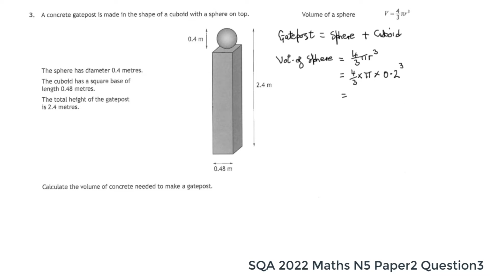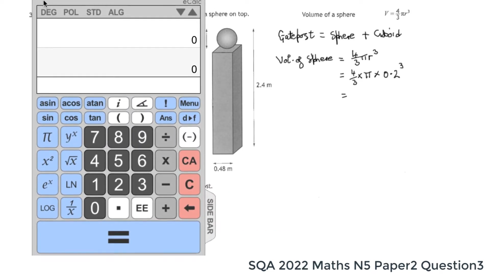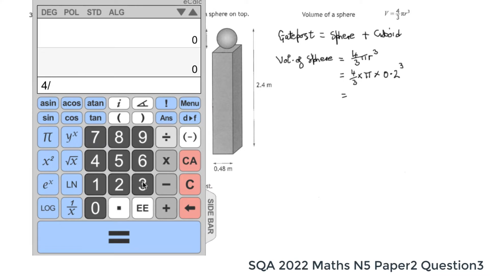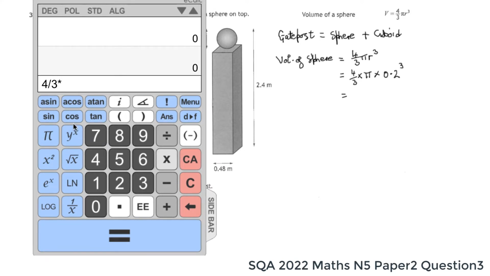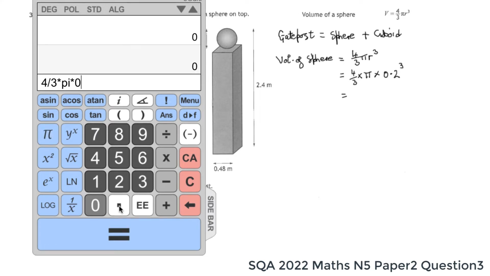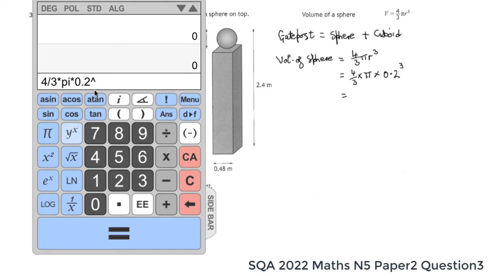So there's a calculation that we'll do. Let's have a look at the calculator, see if we can get going with that. So 4/3, 4 divided by 3, times your pi button, times 0.2. Now, raised to the power of, in this calculator, that's the key. Sometimes it's labelled with a wee hat. Other calculators have other ways of identifying it.